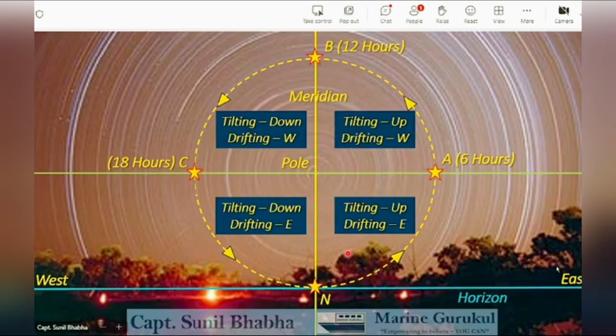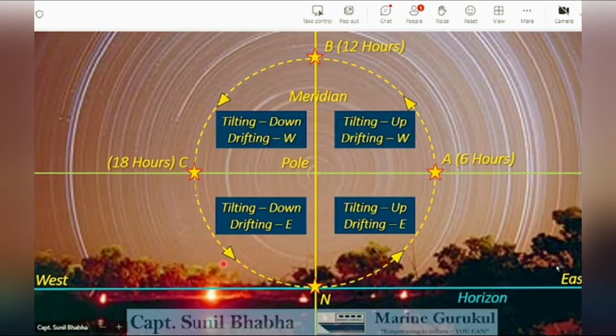Now moving further in our explanation, we have seen the tilting and the drifting motion of the spin axis. As the altitude and azimuth of the gyro star changes, it keeps on tilting upwards or downwards, it keeps on drifting eastwards or westwards. Now, we have formulas which are available to us with which we can find what is the rate at which the spin axis is going upwards or coming downwards.